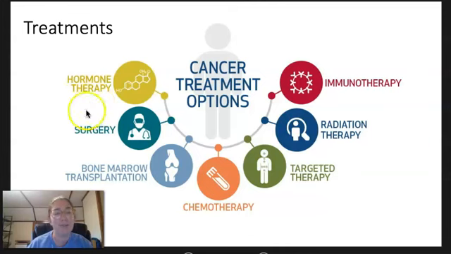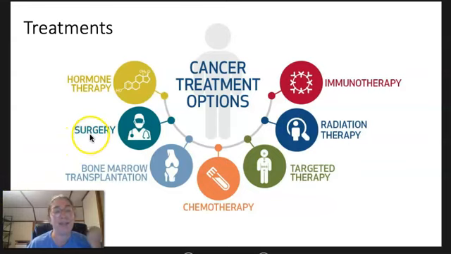Some of the different options. I'm going to start with surgery. All right, so for a solid tumor in a tissue, especially if it's a stage 1 or 2 tumor, it's local, it hasn't spread to other tissues. The cancer can oftentimes be treated simply by being cut out and removed. It has to be done very carefully.